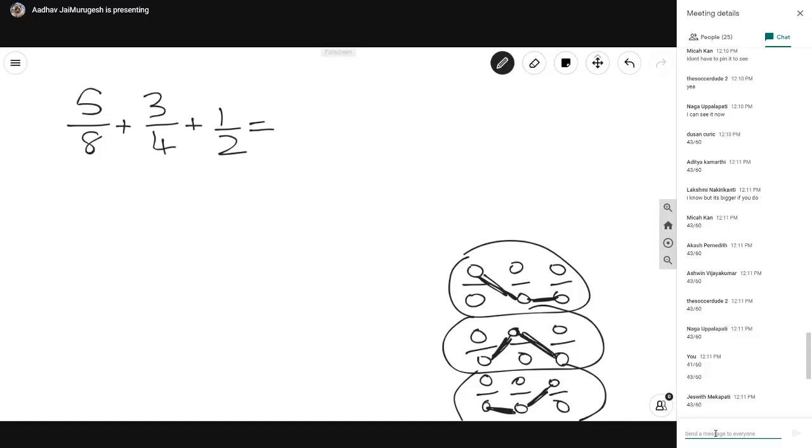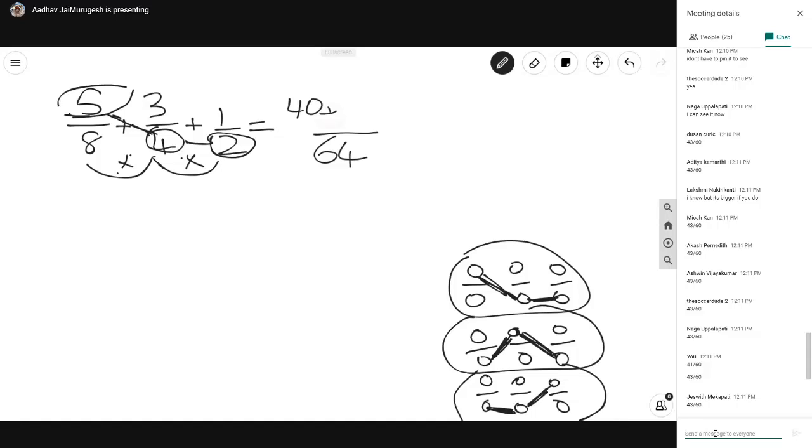So the first step, like always, is just gonna be multiplying all these three numbers. Multiplying all these numbers will give us an answer of 64, and 64 is going to be our denominator. And to find our numerator, we just use the pattern and multiply all the numbers on the pattern. It's going to be multiplying 5 times 4 times 2, which is going to give us an answer of 40.